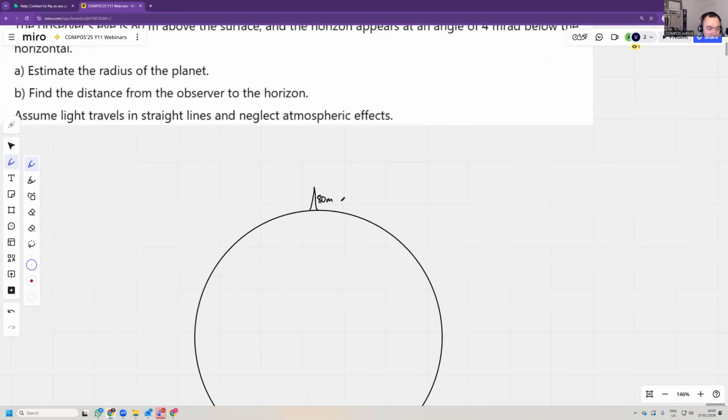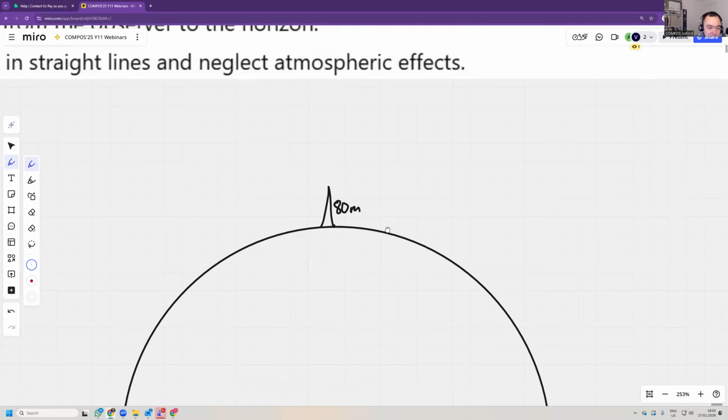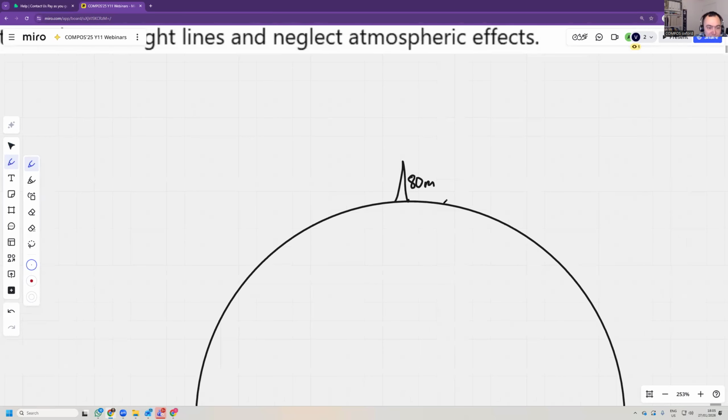And they're horizontal. So what does it mean to be horizontal? Well, horizontal means perpendicular to the Earth's radius at that point. So basically, this line is considered the horizontal line.